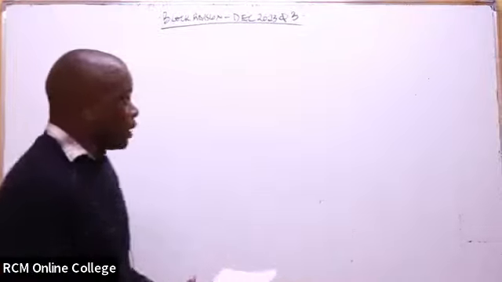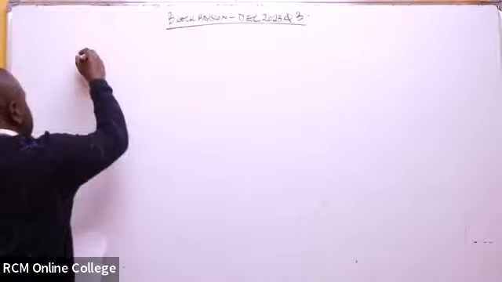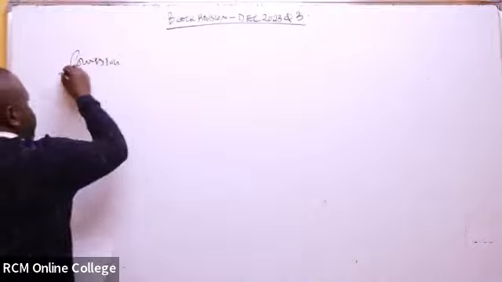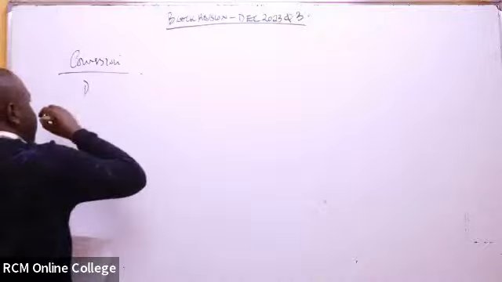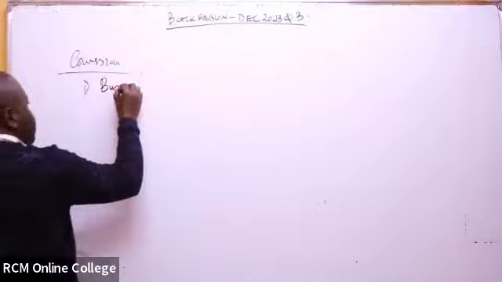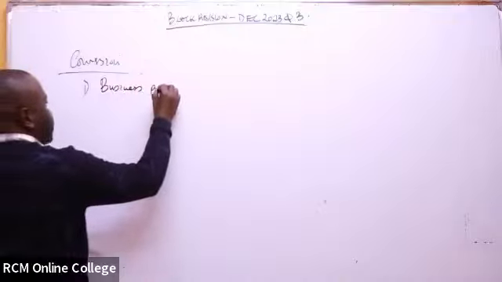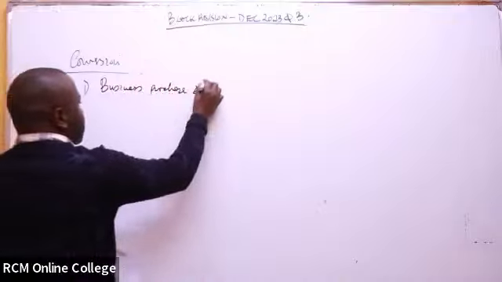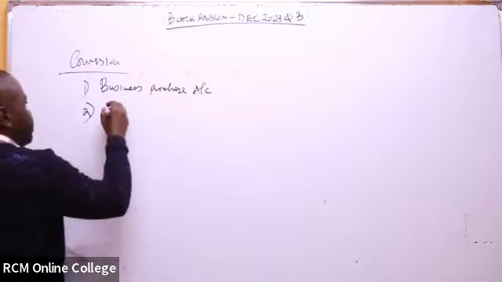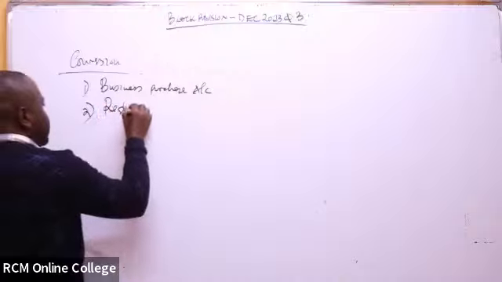Yeah, so under conversion of a partnership into a company, we said in this case the key accounts you'll end up having to prepare. We have the business purchase account. Then you might be called upon also to prepare what we call a realization account.